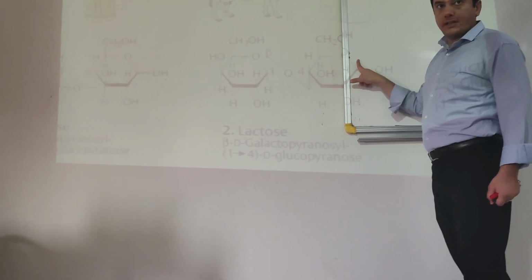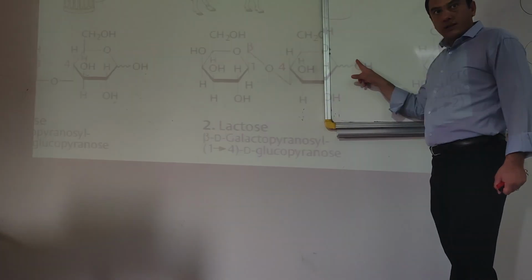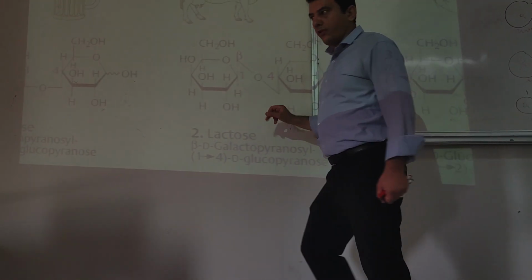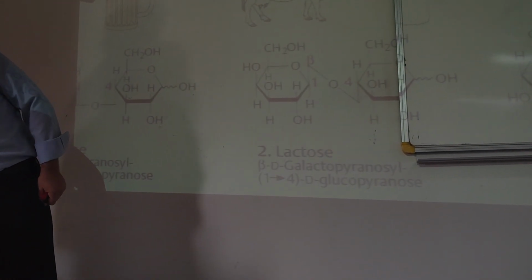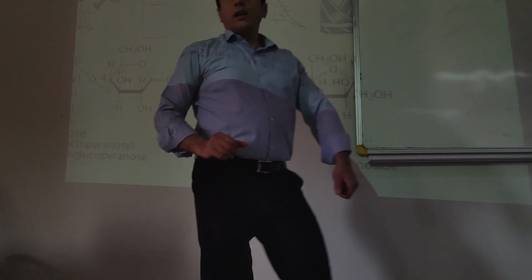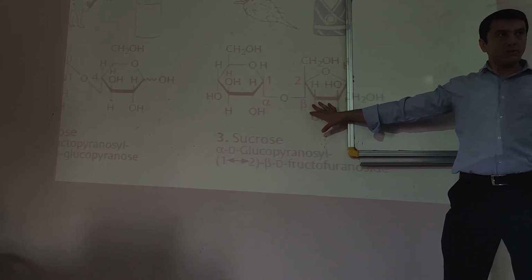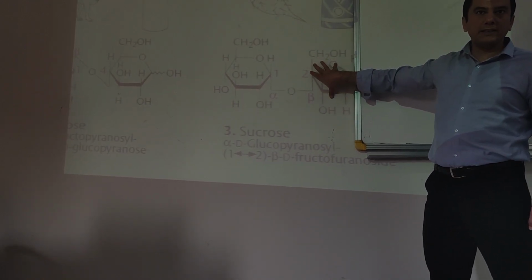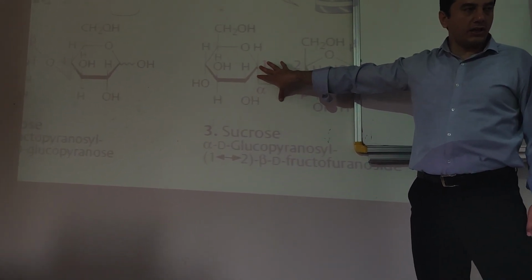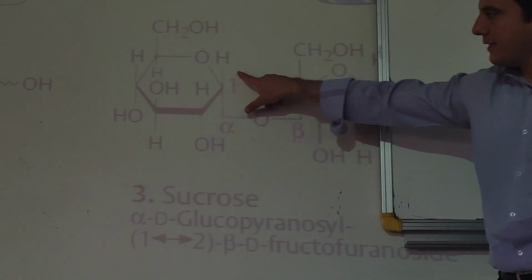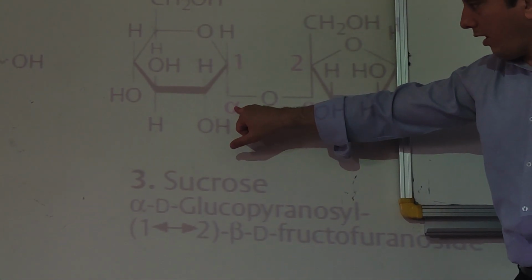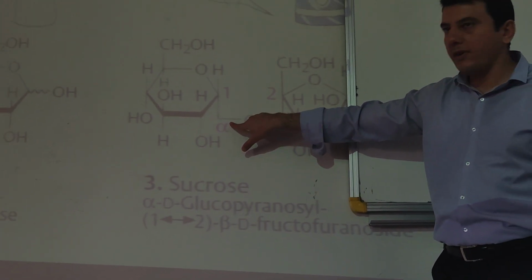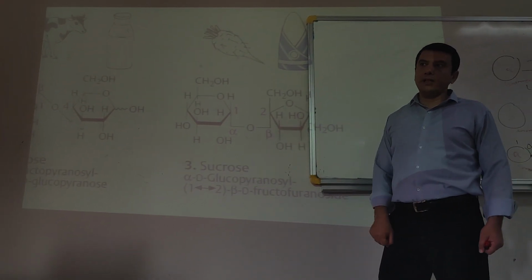The anomeric carbon is here at the first position, so we have a beta form of linkage. However, in the last one, sucrose, both carbons which participate in the reaction are anomers. Therefore, we have alpha 1 to beta 2 linkage.